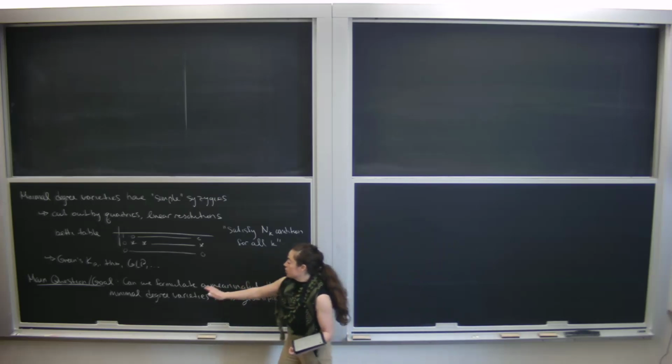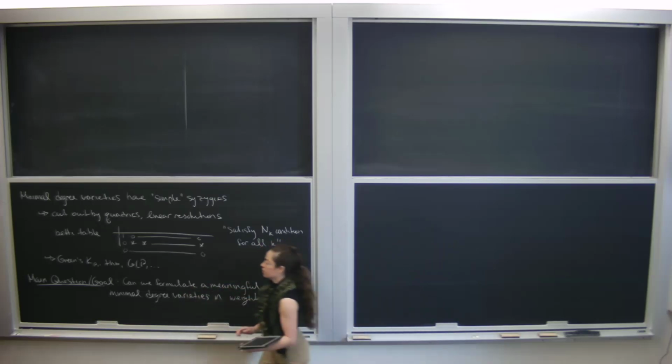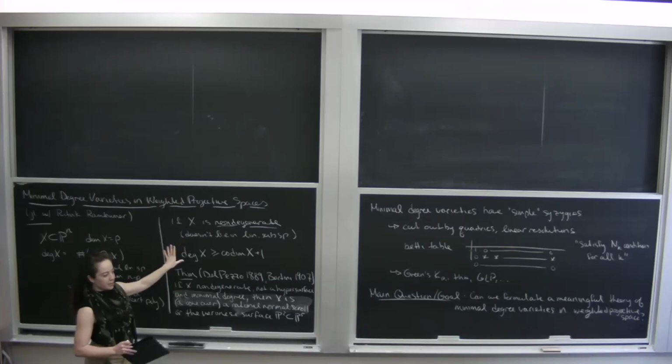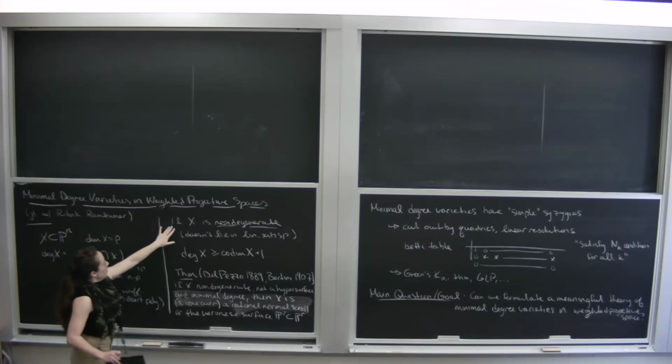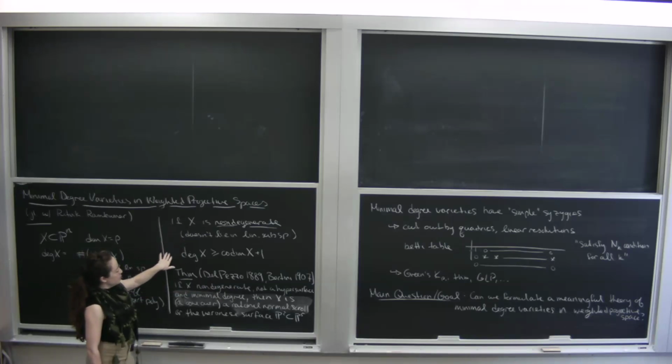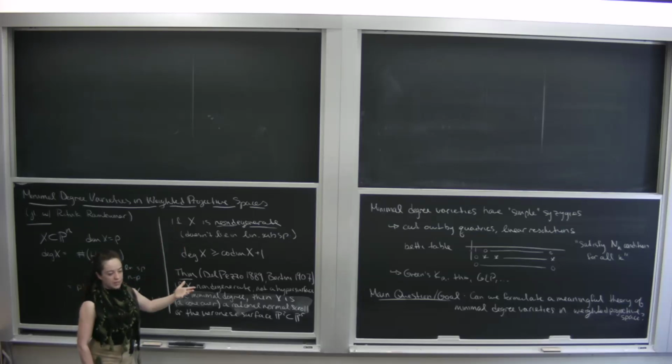Okay, so now in order to do this, we're going to have to come back here and figure out various things on this board in order to make sense of this. Some key definitions that we're going to need to reformulate: we wanted to only think about non-degenerate varieties, otherwise it's a silly question because we can have lines.